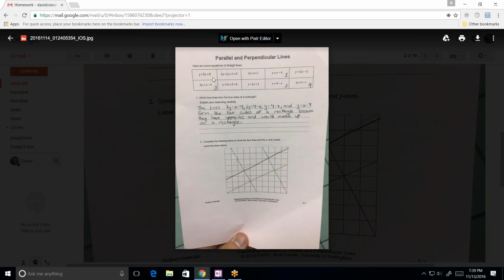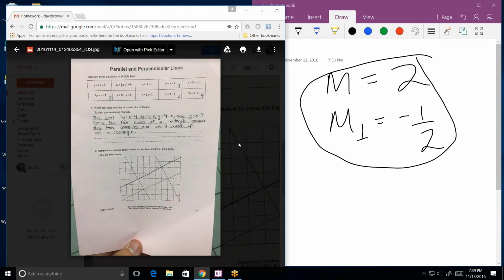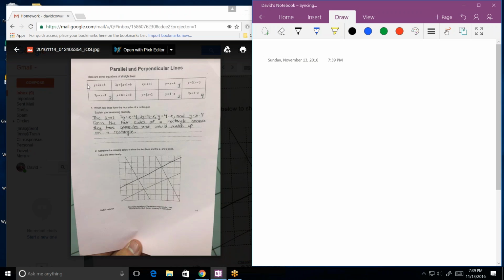Well, what's the slope? Here, I need my other page here. Okay, good. Now I can do it. So let's number these 1, 2, 3, 4, 5, 6, 7, 8, 9, 10. What's the slope of 1?